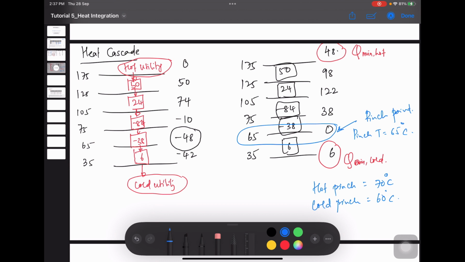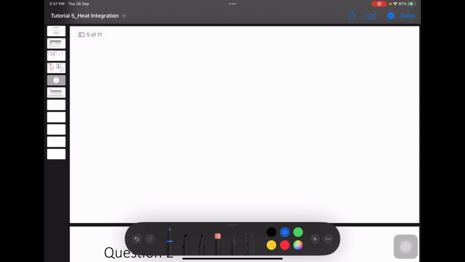So now we are going to construct our heat exchanger network. So we can do it individually above the pinch and below the pinch, right? So above the pinch we have stream H1, H2, cold stream 3 and 4.